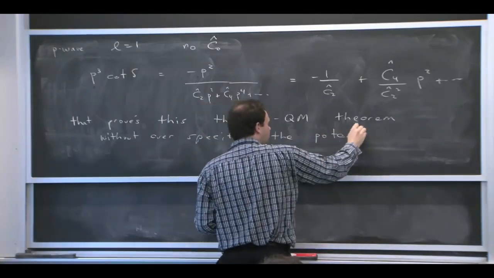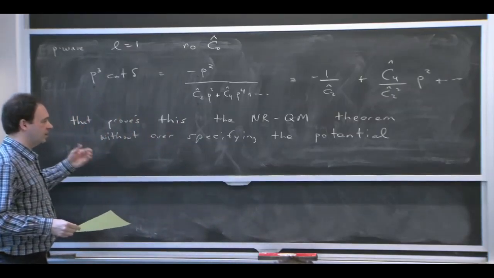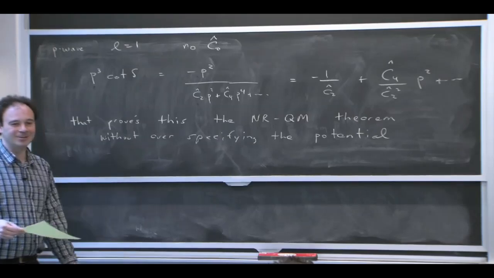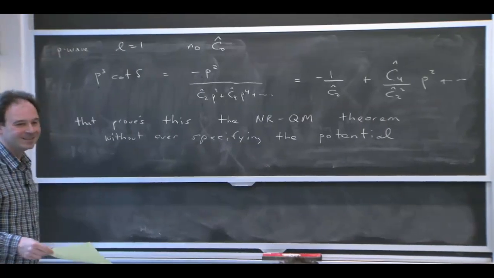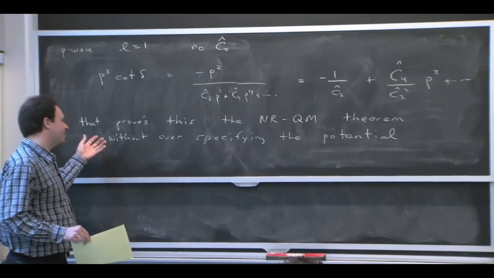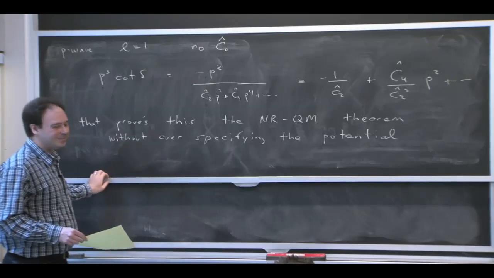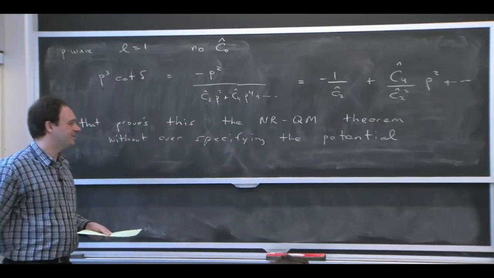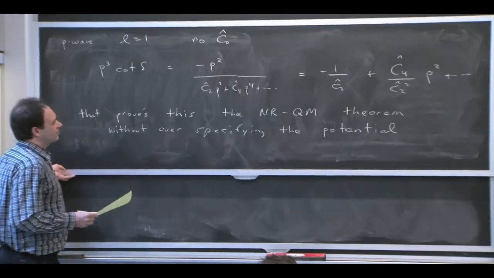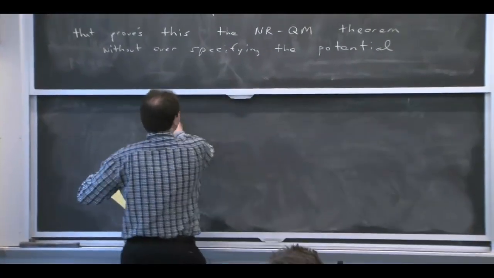And we did it without having to specify what the potential was, because the potential is encoded in these C's, and effectively that's like a basis expansion of the potential, but it's a fun one because it's in delta functions and derivatives of delta functions. So we're doing a local effective field theory, which is not something you'd think of ever using for a basis. Well, maybe you would, but most people wouldn't think of using a basis of derivatives of delta functions for quantum mechanics. Okay. Well, you'd hope we could do a little more than quantum mechanics, right?